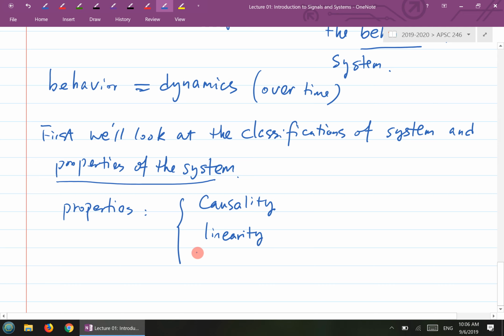And number three, we're going to look at time invariance, whether it's time variant or time invariant. Each one of the words has an opposite: causal, non-causal; linear, non-linear; time invariant, time variant. So that's the three properties of the system.